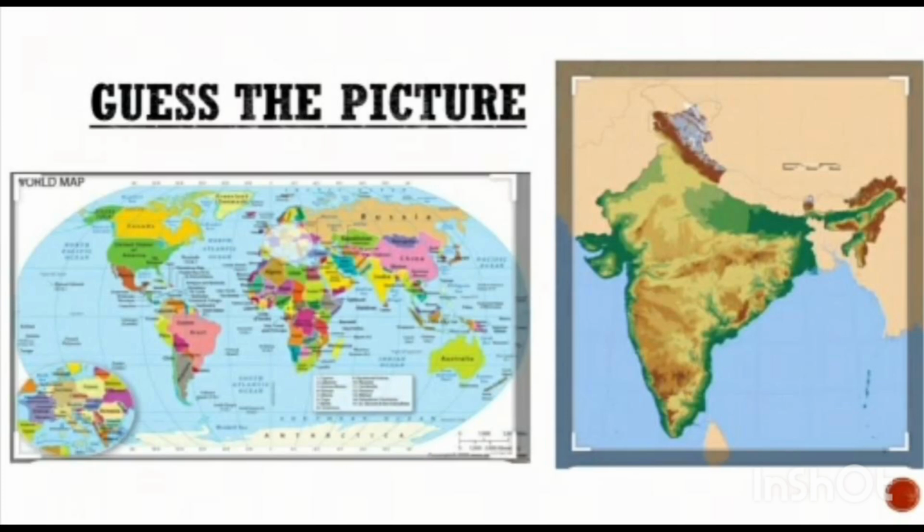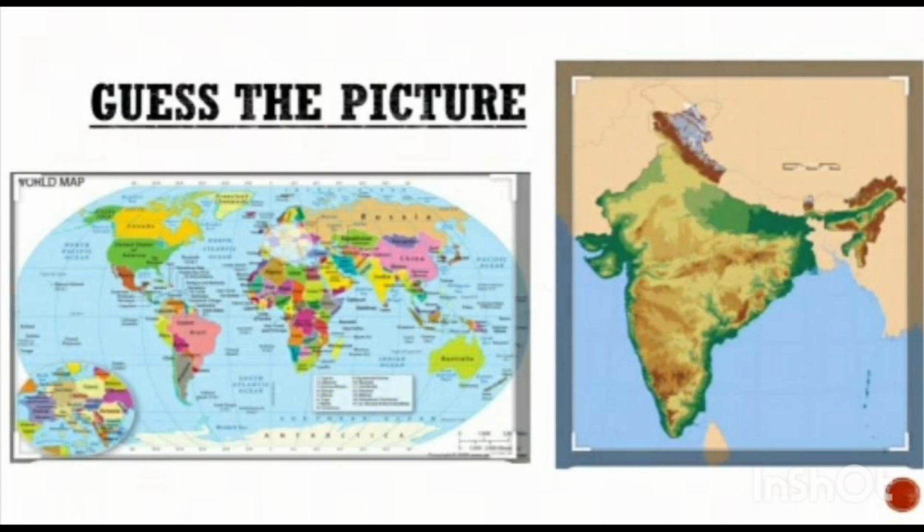Now, by looking at the first picture, we can guess that the globe which has been seen has been kept open, spread out like a sheet. So this is actually the world map, the world map in the form of a globe. And the second image of the map, we can guess by just looking at the features that this is a physical map, which shows the features of the country that are divided by different kinds of color schemes that are present over there.